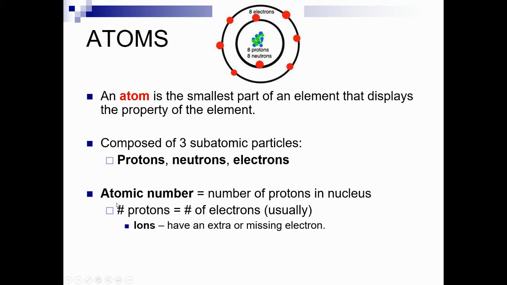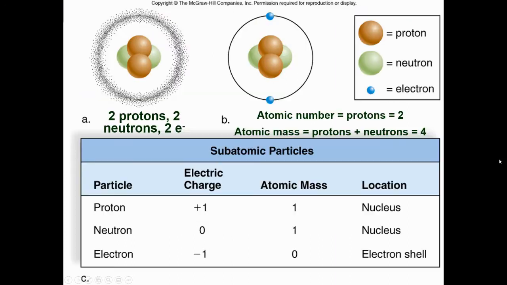I'm not going to add them into mass because they have none, or it's negligible. My atomic number, though, is always the number of protons in the nucleus. We'll talk about ions in a little bit, but those are atoms that either have an extra electron or are missing an electron or two. So they don't balance, but typically when we look at atoms, all the elements in the periodic table have a net charge of 0 because we're balanced, the same number of positively charged subatomic particles and negatively charged subatomic particles.